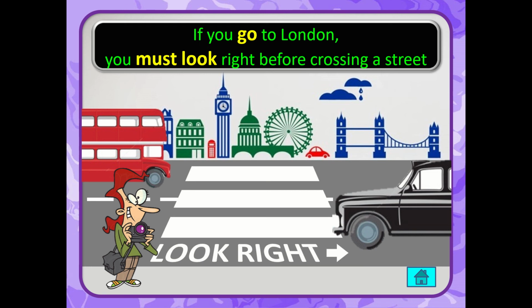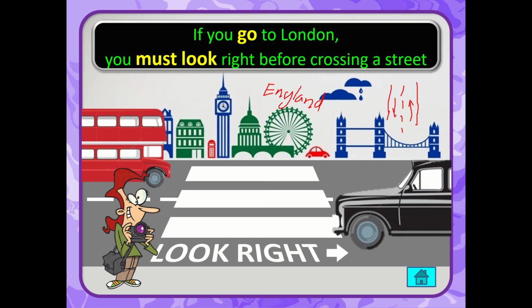If you go to London, you must look right before crossing a street. Why is that? Well, do you remember in England, people drive on the opposite side of the street. So here in the Dominican Republic, we have two lanes, okay?